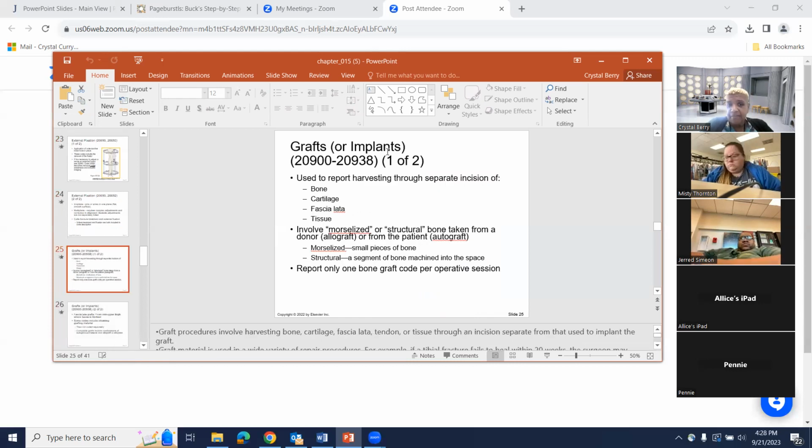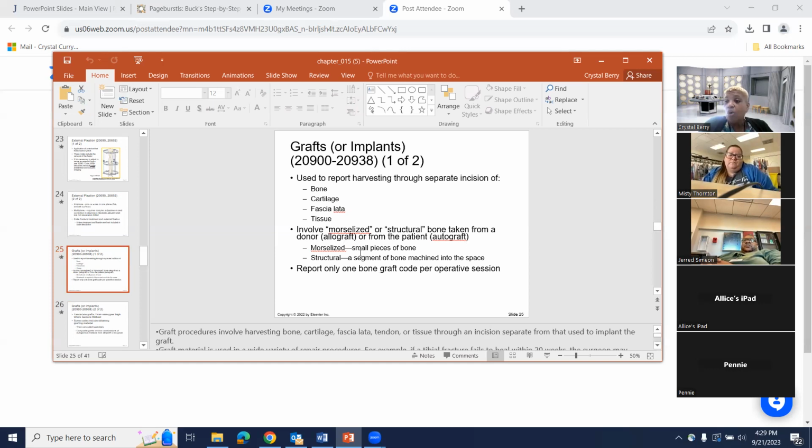Grafts or implants are used to report harvesting, through a separate incision, of bone, cartilage, fascia lata, and tissue. They involve morselized or structural bone taken from a donor.